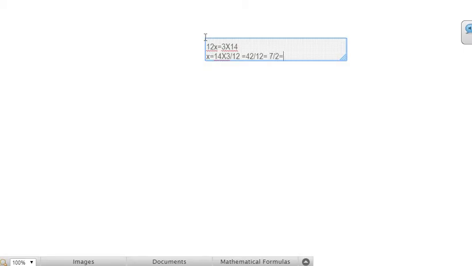Again we should put it in decimals. So 7 divided by 2 is 3.5. So x is equal to 3.5.